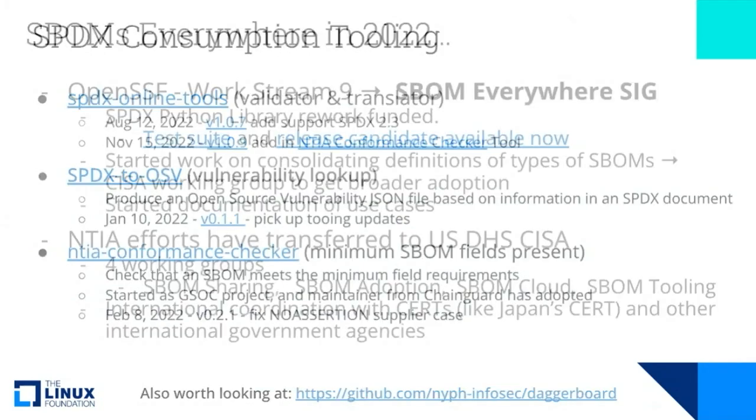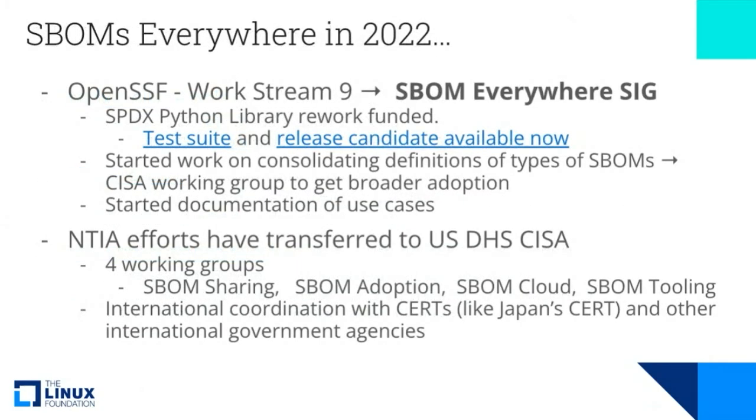But there's also been a lot of work going on about SBOMs. As people know, the actual Python library work I was just referring to was funded by OpenSSF to help us move it forward. It had gotten bit rotted. And so we cleaned it up, restructured it, and basically refactored it so you can go from 2.3 to 3.0 and be able to work with both of those releases, 2.2, 2.3, and 3.0 actually.